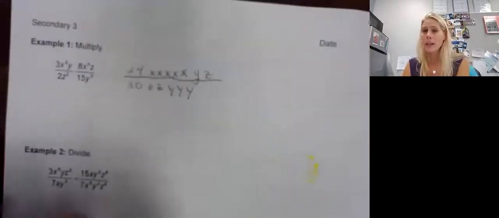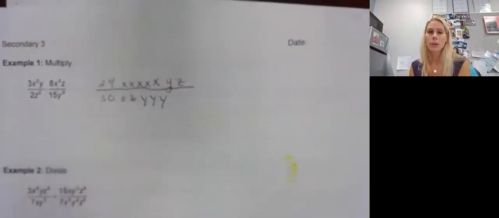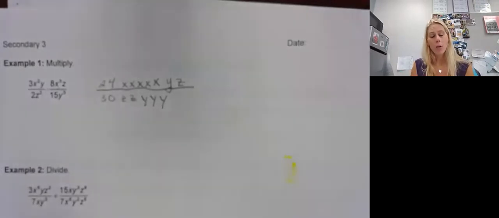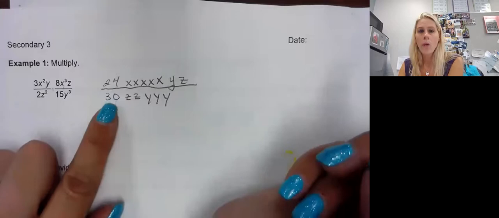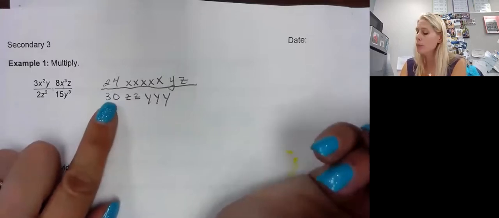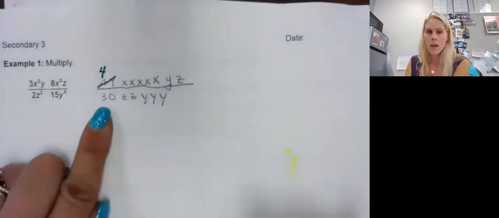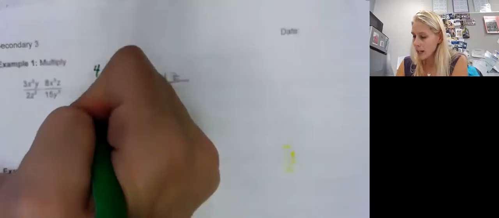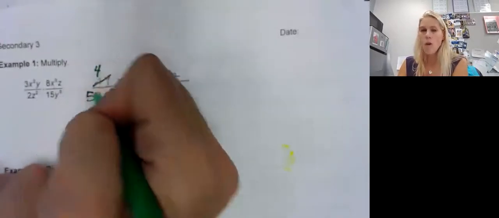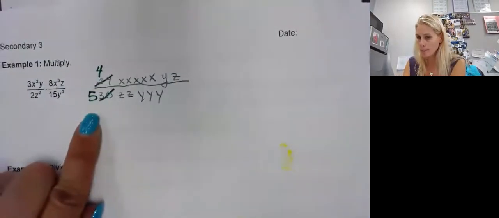Many of you can do this by just plugging it in on your calculator and making that decimal into a fraction. I'm going to do it without one so you can see. I know a factor that goes into 24 and 30. The biggest one would be 6. So 24 divided by 6 is 4, 30 divided by 6 is 5. And now we see that 4/5 cannot be reduced anymore.